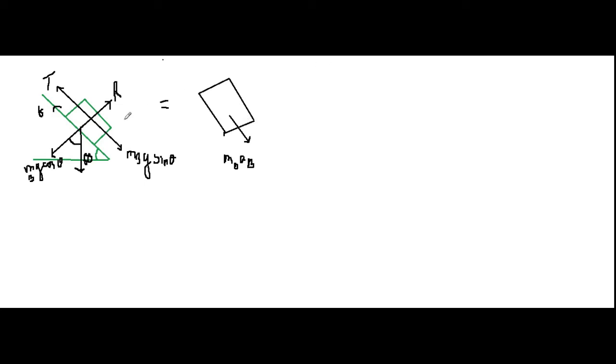Now since the block is moving downward, we can write the mass of block B into g into sin 60 degrees, minus tension, minus the friction force. The friction force is given by mu into R. Mu is 0.6, the coefficient of friction, and R is the normal reaction, which is given by mB g cos theta.